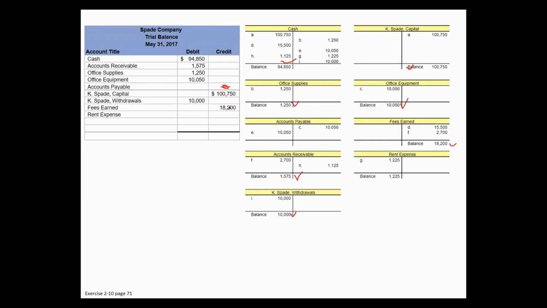To increase equity, remember, you have to credit. And then rent expense is $1,225. For that, we have to debit because that would decrease our equity. Then we add up both of these columns, and we come out with $118,950. We see that each side balances, so we know that everything should be correct.